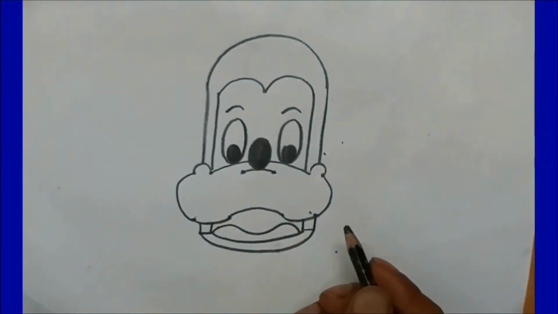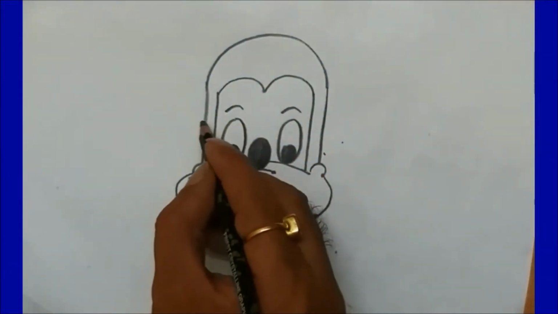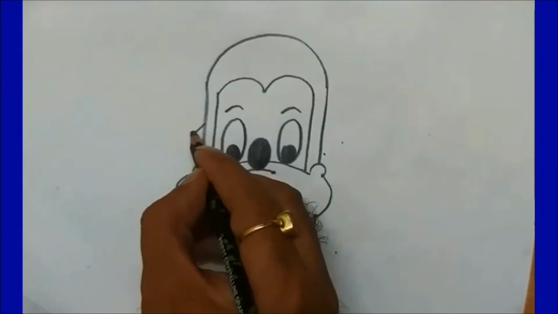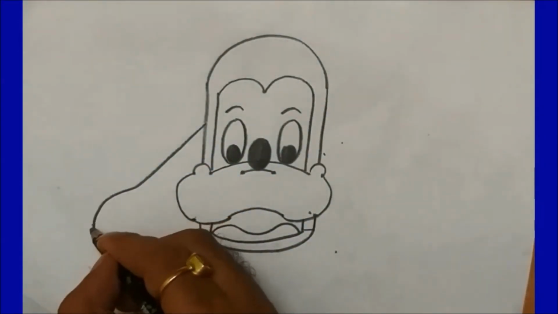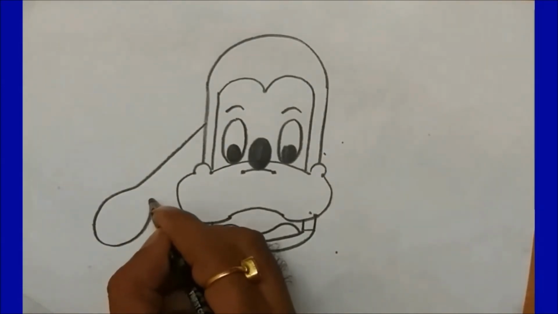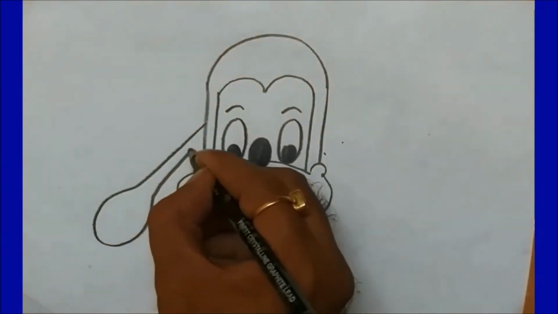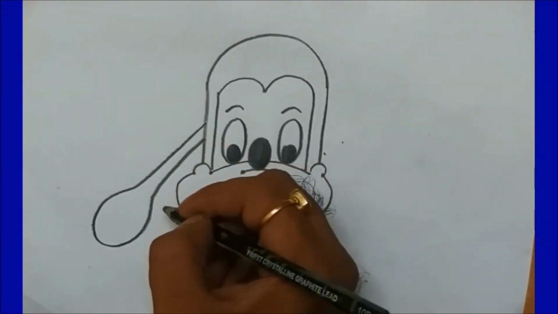Now we are going to make the hair of Goofy, one slanting line, one curve line which is coming inside, again slanting line touching to the same point.